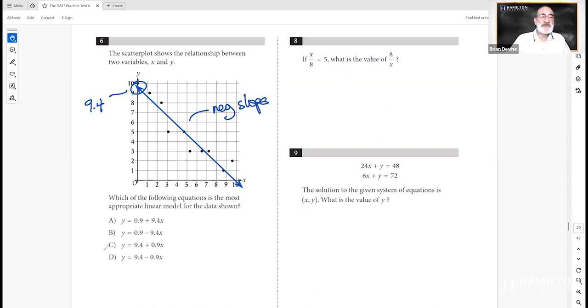So I should have a positive y-intercept because I'm comparing it to y equals slope times x plus y-intercept. So that takes out A and B because those are way too small. 0.9 is way down here. So it's got to be C or D, and the only one that has negative slope is D. So it's not C, it's D. And D is the correct answer.